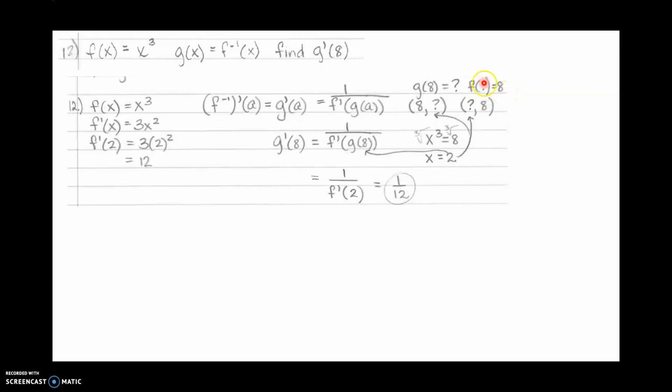So if I can figure out where my function is equal to 8, that will tell me this value, which would be the same as this value. So I'm going to set my original function equal to 8. My original function was x cubed. So let's set x cubed equal to 8. Take the cube root of both sides, and I'll get x is equal to 2. So if this is the point (8, 2), this is the point (2, 8).